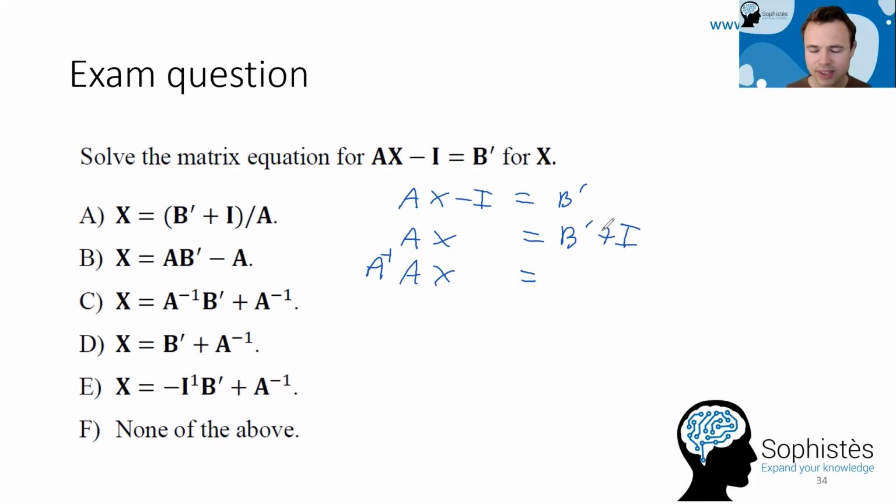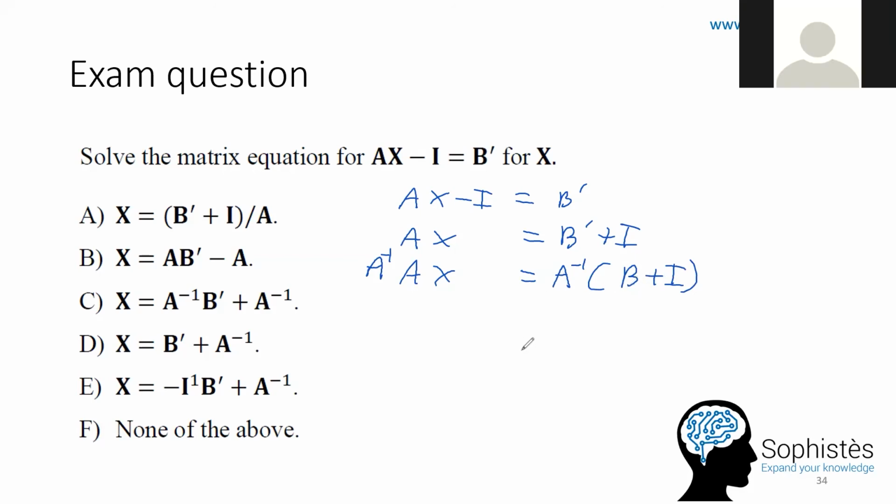And then here on the left side, on the right side, I also have to add it, right? And what you will do here, you haven't seen this before, but you can just do B plus I. You can basically treat the B plus I like it's one matrix. So you get this, right? Does it make sense? Yeah.